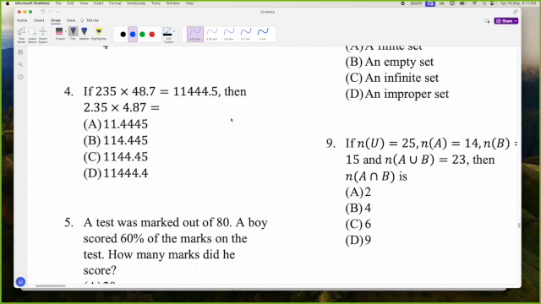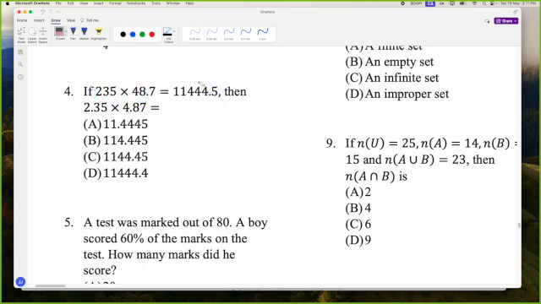We have this here. If 235 multiplied by 48.7 is equal to that, then what is 2.35 multiplied by 48.7? You can see the numbers are the same. So when we are dealing with a multiplication that involves decimals, you count the decimal places. This question has 1 decimal place, and so the answer has 1 decimal place.